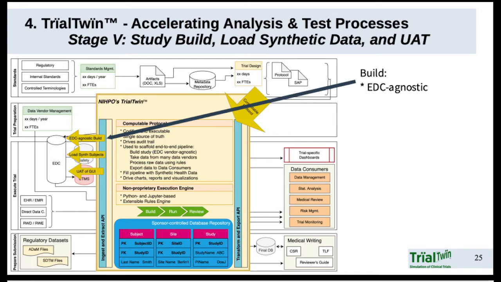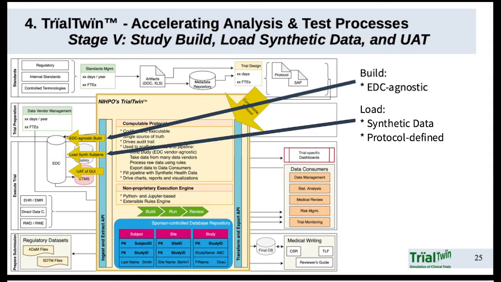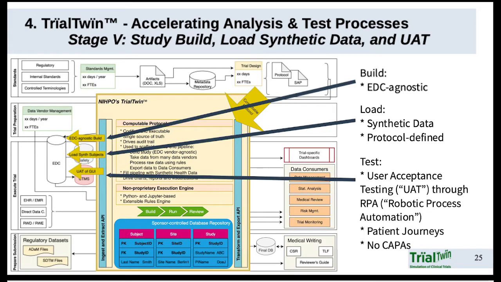The next stage is, using the protocol, we then interface with the EDC and we build the study. Our platform is EDC agnostic, so we can build the CRF forms with folders, whatever structure is needed inside that specific EDC. Then we load synthetic data to meet all of the parameters of each of these CRFs, and then we test the forms. We do user acceptance testing through robotic process automation, RPA, and we run through all of the defined patient journeys.